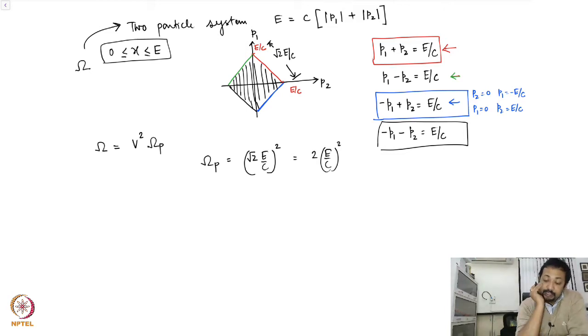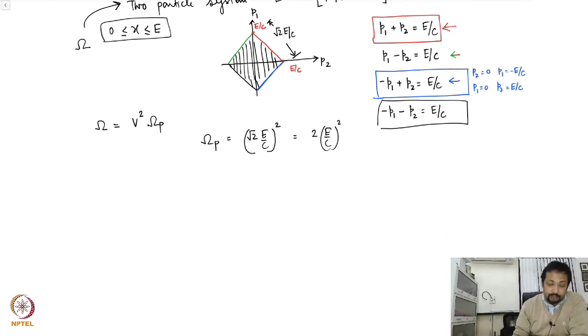Now be careful that I have not put a vector sign over this momenta, therefore I am assuming that this is a one-dimensional system. And if it is a one-dimensional system, the coordinate volume is no longer there, it is going to be L squared.